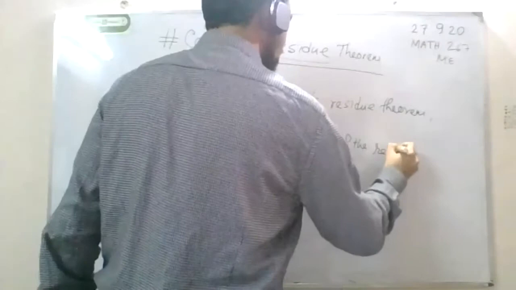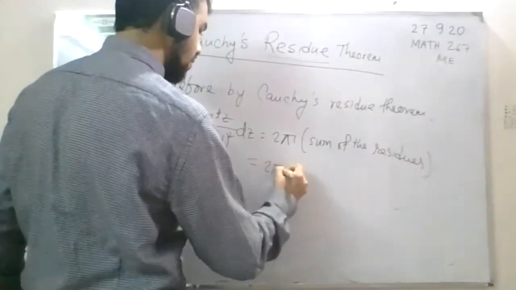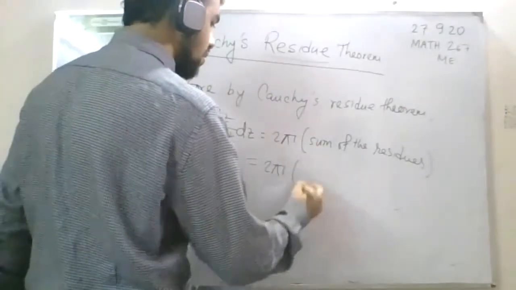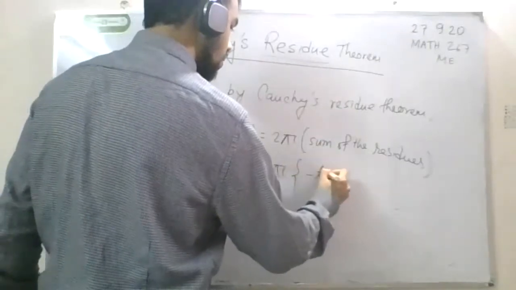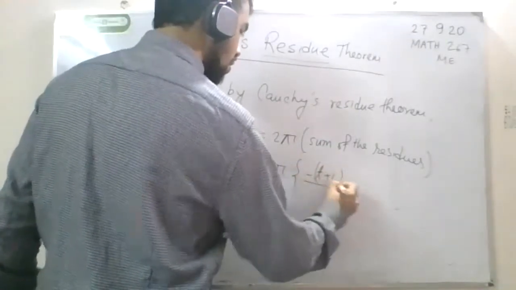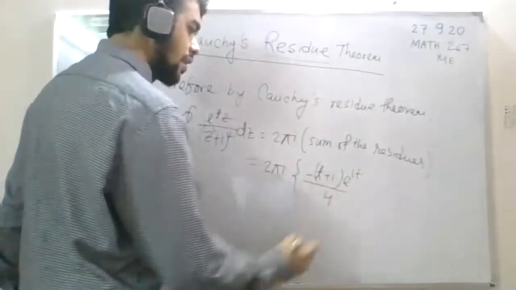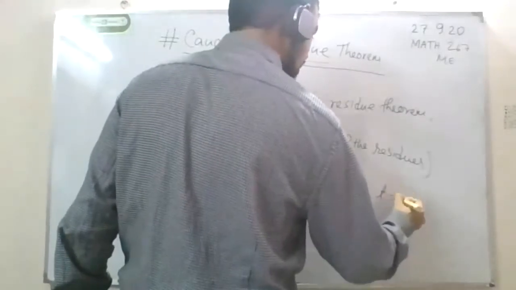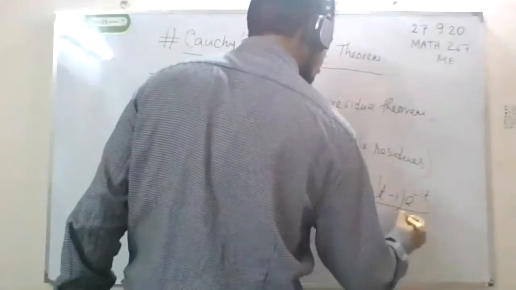We already found the residues: one of them is minus (t plus i) e to the power it divided by 4, and also minus (t minus i) e to the power minus it divided by 4.